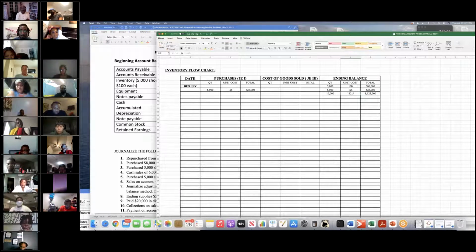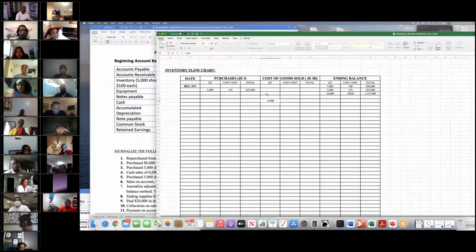Okay, when we use weighted average, we're not going to use the initial cost. We're not going to use the ending cost. We're going to get a weighted average, add the quantities, sales, 112.5. And how many did we sell? 6,000.